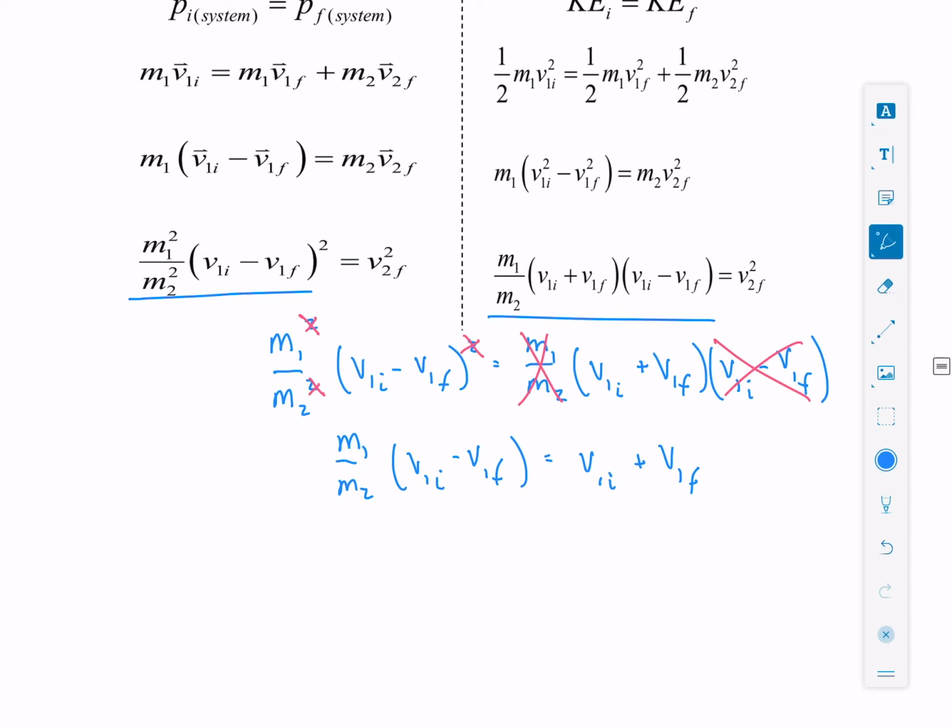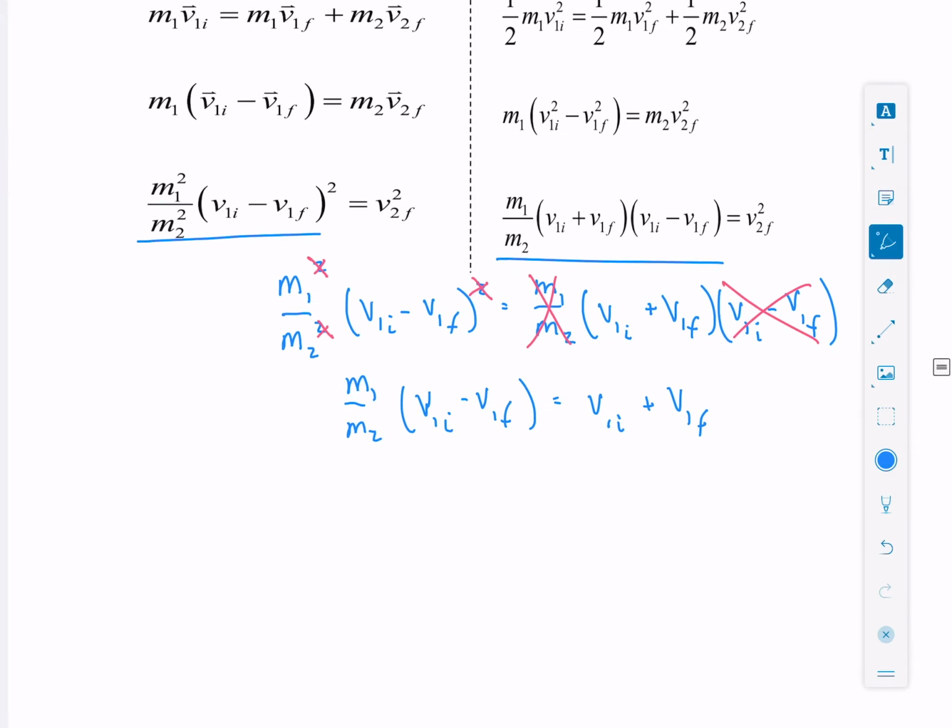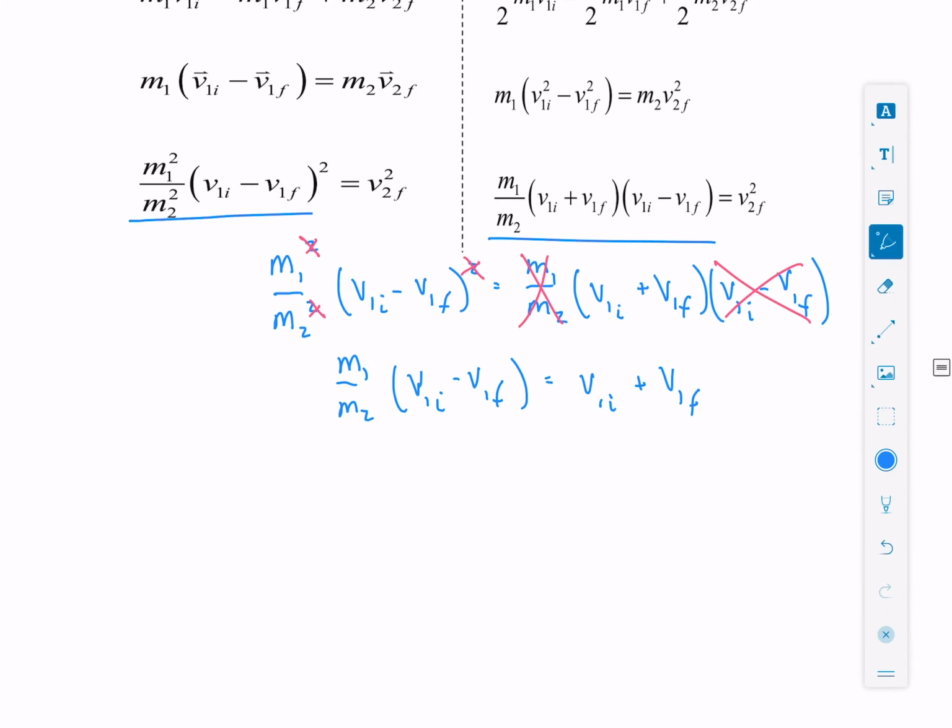Now I'm going to reorganize this so that all of my V1 initials are on one side, all of my V1 finals are on the other. When we do that, I could then pull out the V1 initial and the V1 final. And what I get, I'm going to skip some steps, V1 initial times M1 over M2 minus 1 equals V1 final times M1 over M2 plus 1.